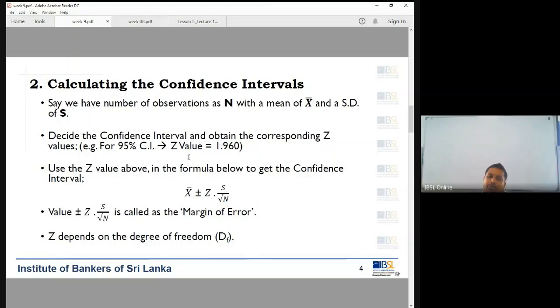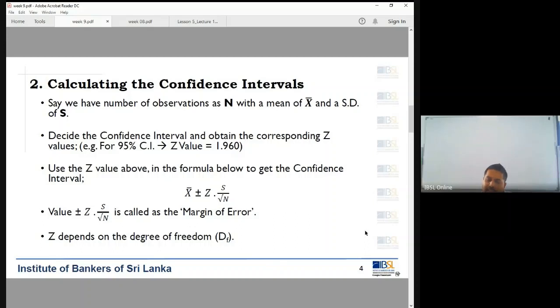Finally, I want to tell you an important note: this Z value that we will be using in the upcoming couple of discussions really depends on the factor which we name in statistics as the degree of freedom, or DF. Degree of freedom is something which is marginally beyond the estimated timing of our course to discuss.